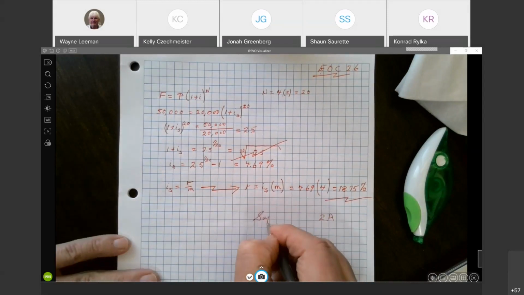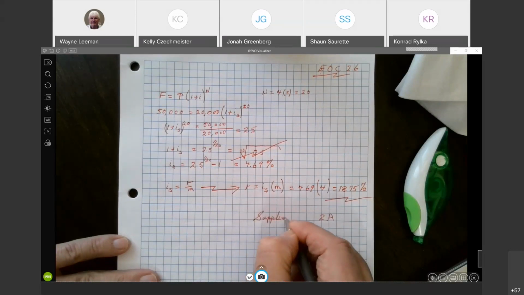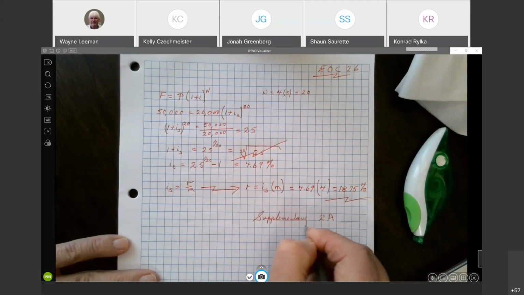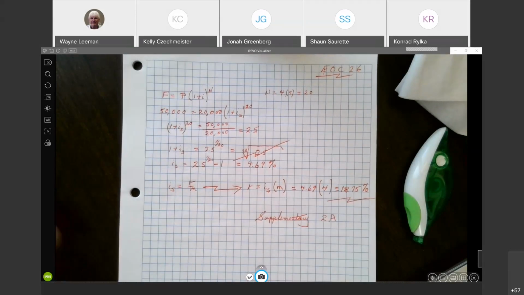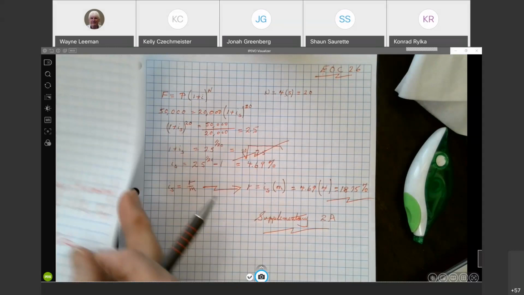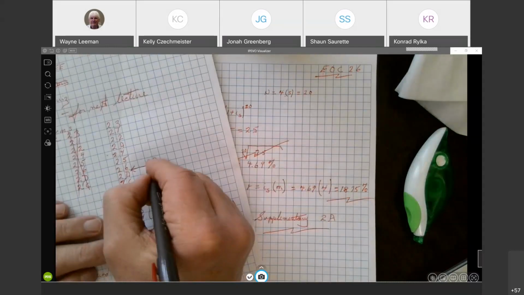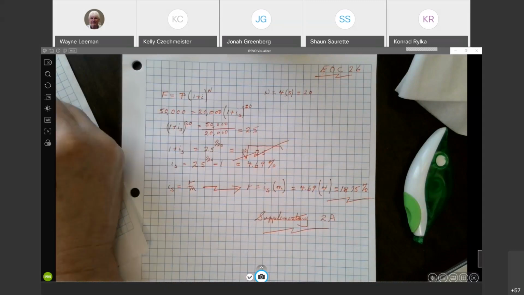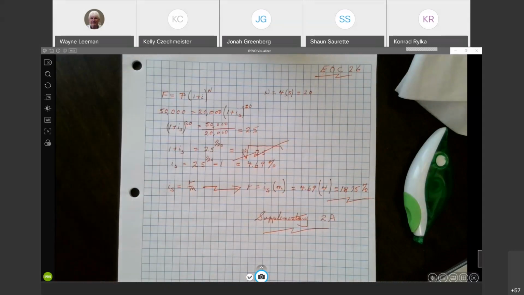This is a supplementary. So let's take a look at that one. Already did this one. How come? 2A. Sorry, 2D I want to do. My mistake. 2D as in David.